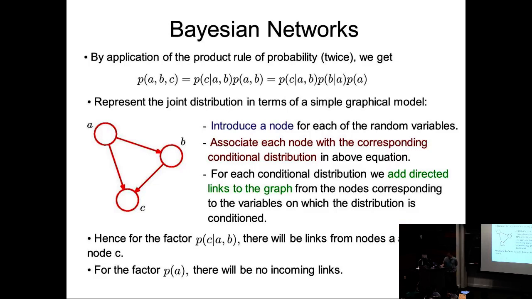For this conditional factor, there are going to be links from nodes A and B coming to node C. So it basically says this conditional probability really depends on the states of A and B. And the factor P of A has no incoming links.